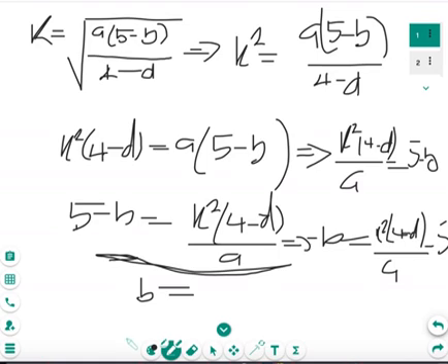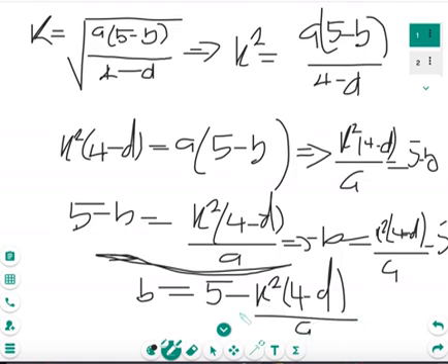So minus b is equal to, if you multiply through by minus 1, this whole block here becomes minus, and the minus 5 becomes plus. So then you get 5 minus, so you see your answer you gave me is wrong. It's not 5 plus k squared bracket 4 minus d.